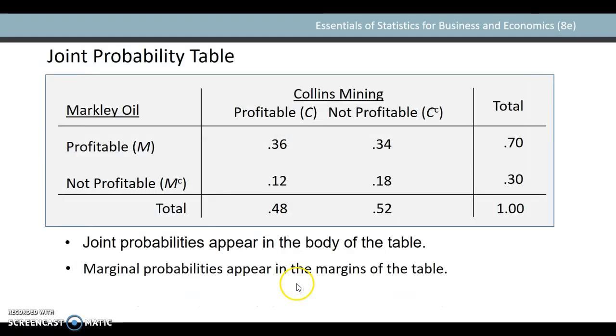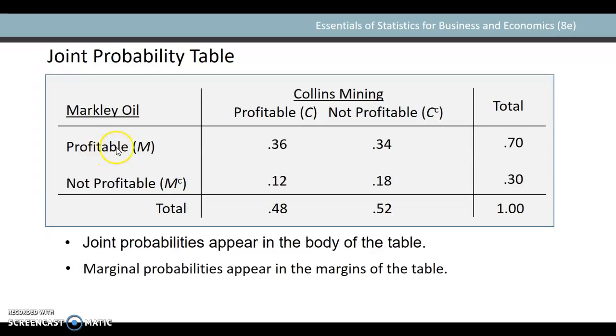The next thing we have is a joint probability table. Here we have Markley Oil, profitable or unprofitable. Those are the rows. The columns are Collins Mining, profitable, not profitable. Okay.